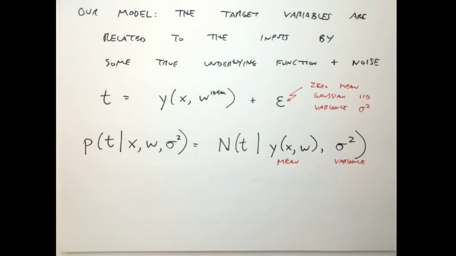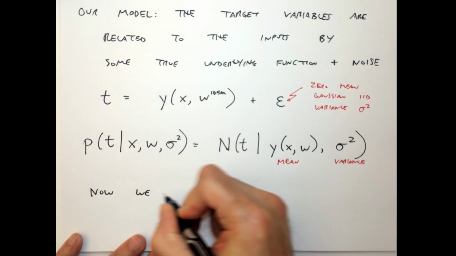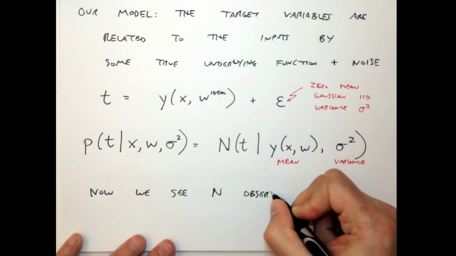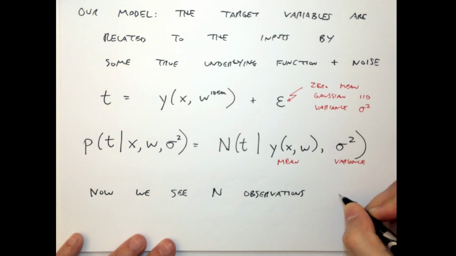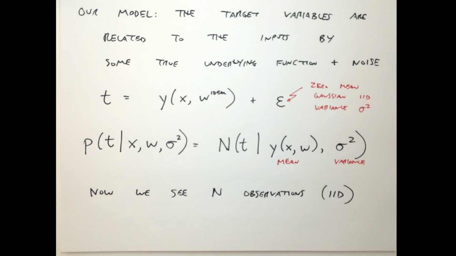So now we see many measurements. So now we see n observations, which we assume to be, again, all identically and independently distributed, IID.